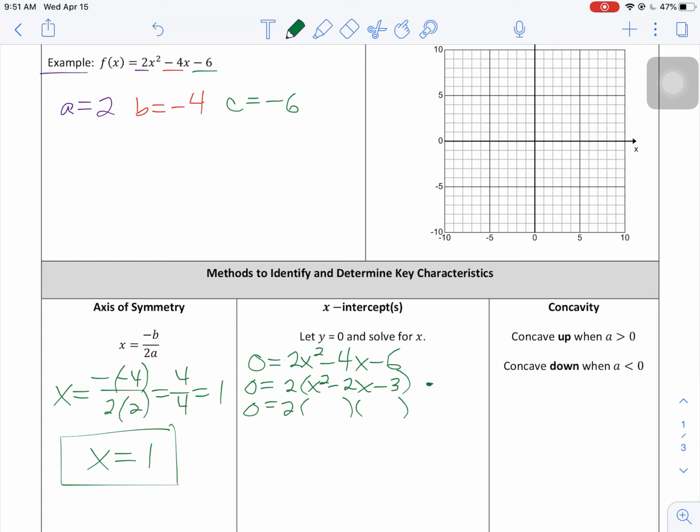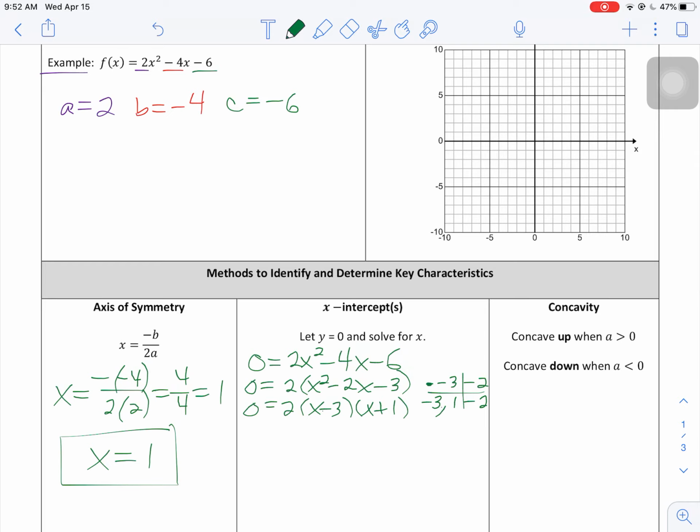So I want to find two numbers that multiply to negative 3, and those same two numbers are going to add to negative 2. So we have negative 3 times 1 is negative 3, and then negative 3 plus 1 is negative 2. So I'm going to do x minus 3 and x plus 1.